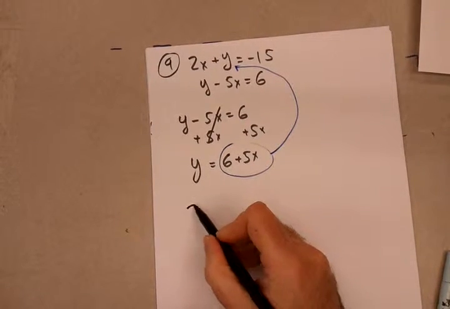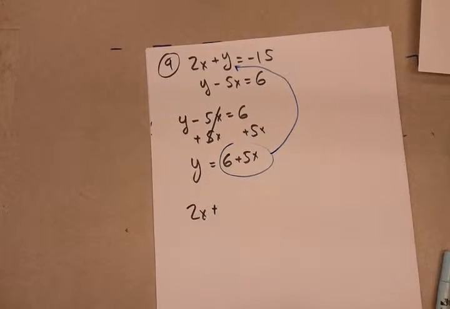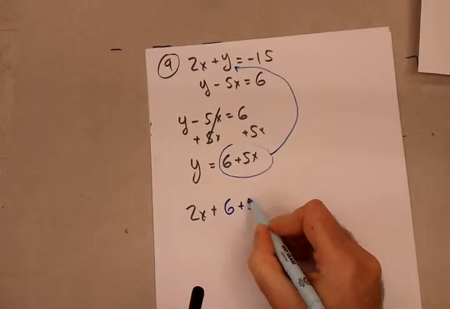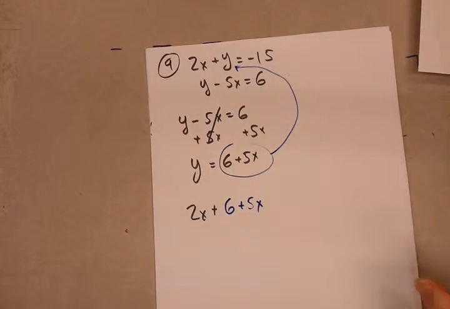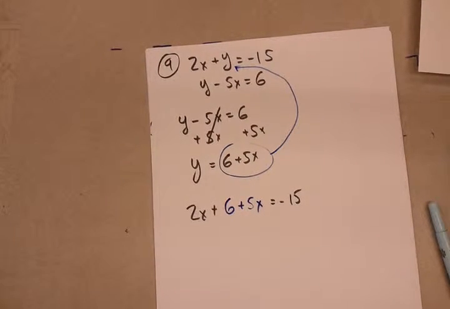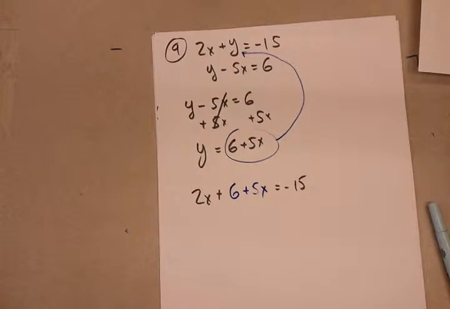So it'll be 2x plus 6 plus 5x equals -15. And in the blue, that's our substituted portion.